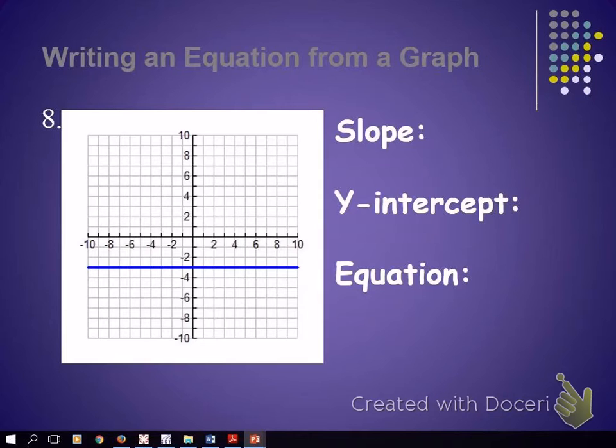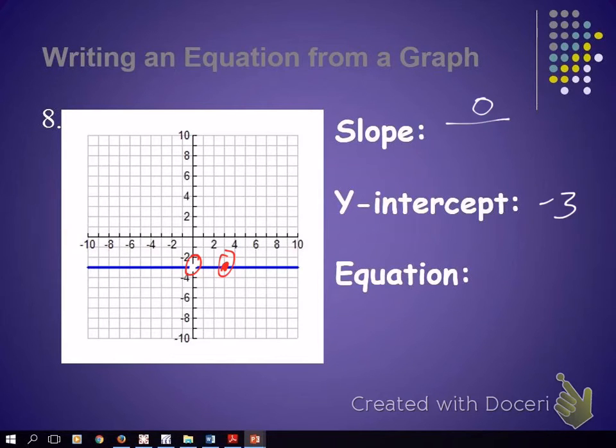What about here? What's the y-intercept? Well, it crosses right there at -3. What's the slope? Well, remember, the slope is the vertical change that you need to get to another point on the line. What's the vertical change from here to here? When the vertical change is up and down, that's 0.